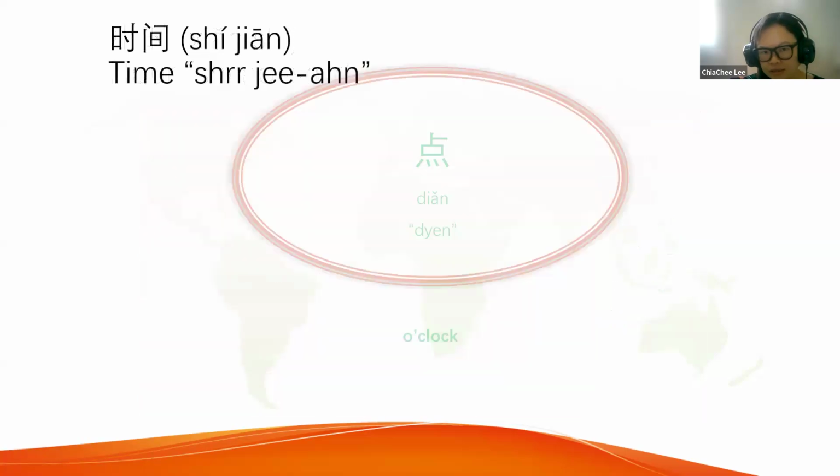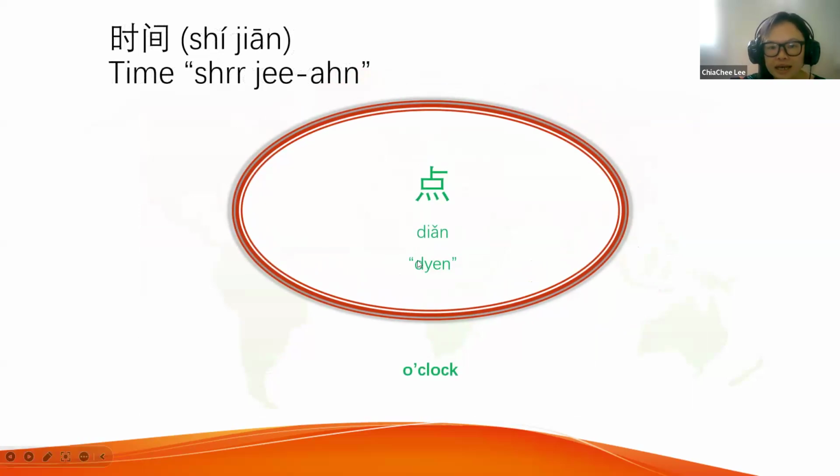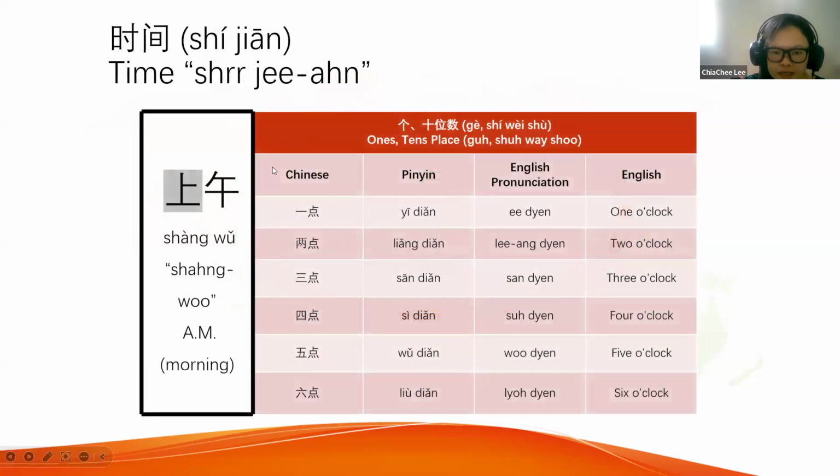As for the time that we are telling, we call it 点. 点 is o'clock. So for 点, we are using the 12-hour system. What do I mean? Okay, first, we observe that we have 一点, again 两点. We are using 两 because this is referring to o'clock. So 一点, 两点, 三点, 四点, 五点, 六点.